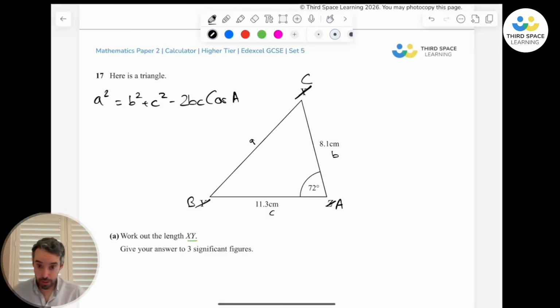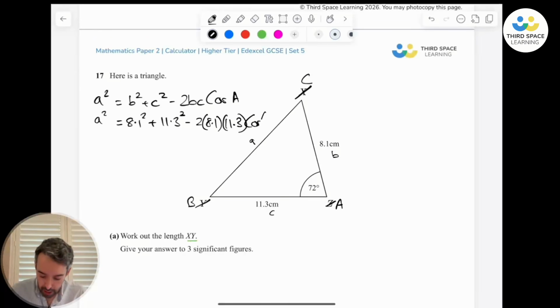Next, let's substitute those values into our cosine formula. So a squared, well, I want to find a, so a squared equals b squared, which is 8.1 squared, plus c squared, 11.3 squared, minus 2 lots of b, times by c, multiplied by cos of the angle A, which is 72.